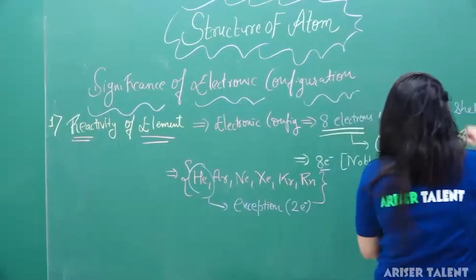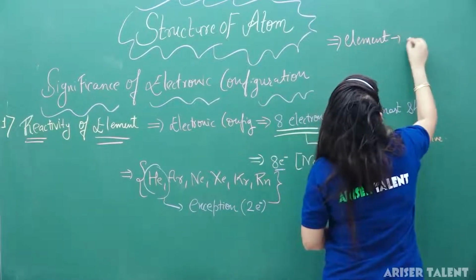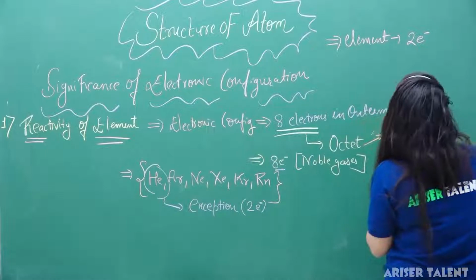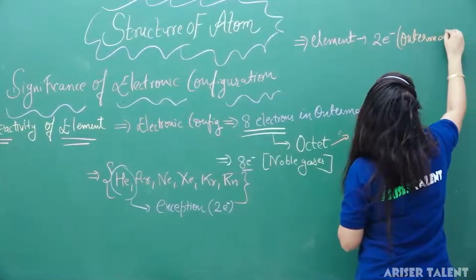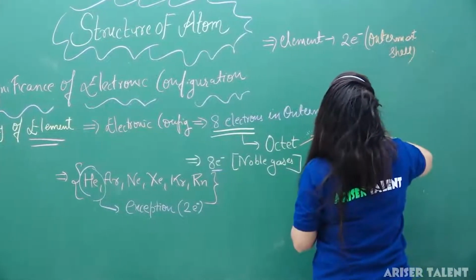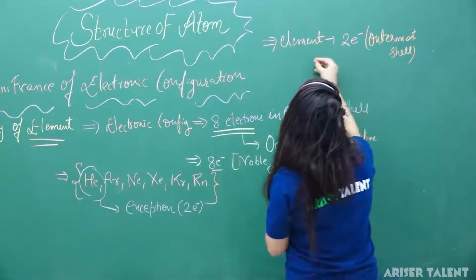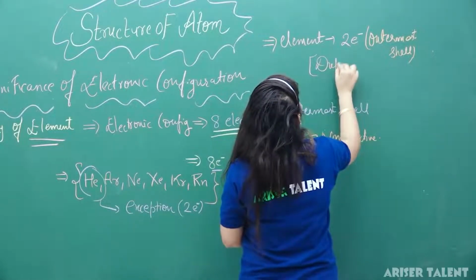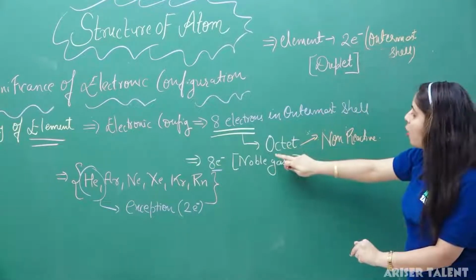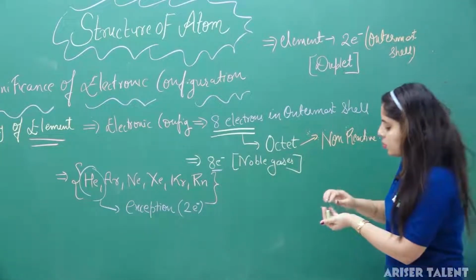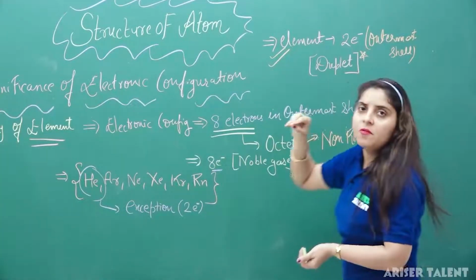If an element has 2 electrons in the outermost shell, we can say that its 2 electron quota is complete, and we can consider it in the category of duplet. Duplet means having 2 electrons, and octet means having 8 electrons.